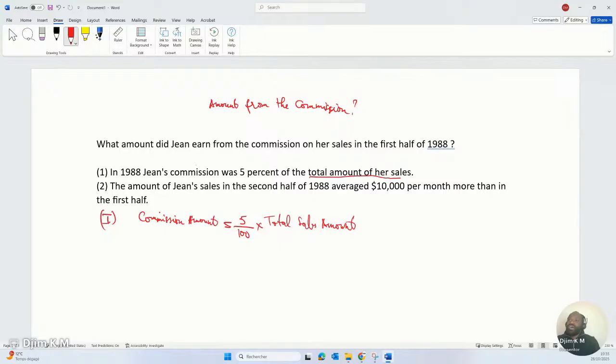So in the prompt, we don't have the total sales amount. Okay, so we can't have the commission amount. We need the total sales amount. We don't have it here. We don't even have it in the first condition. So this is not sufficient, I think.